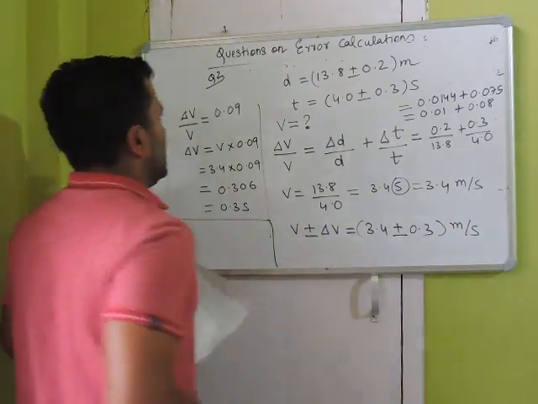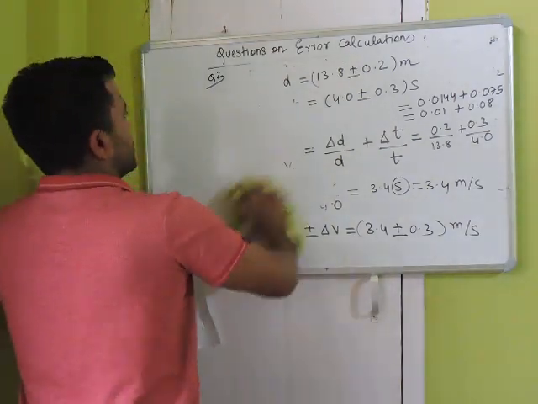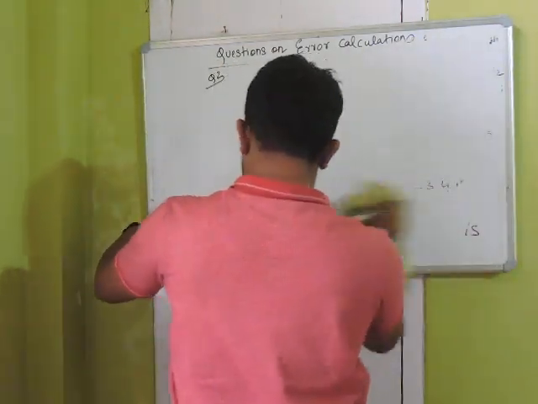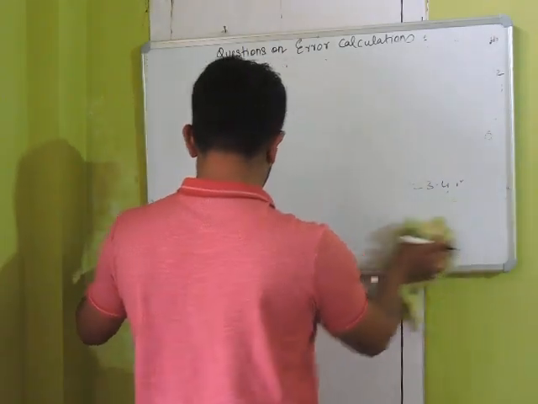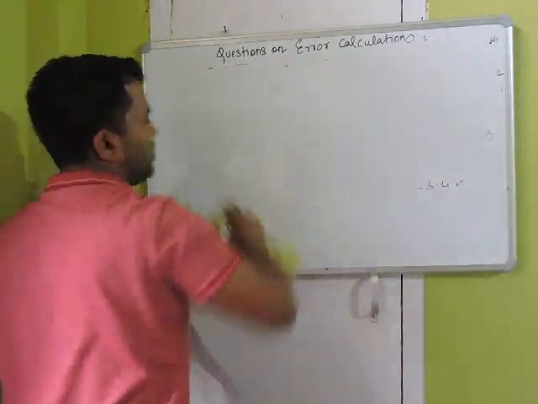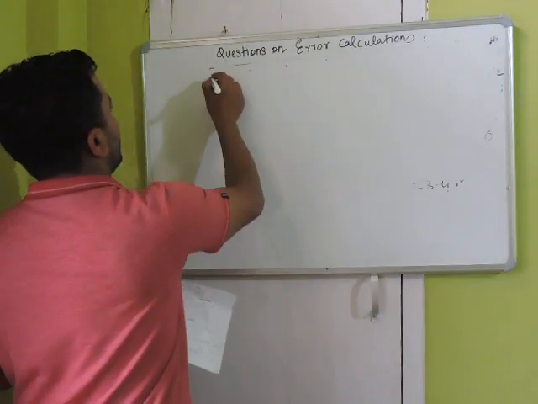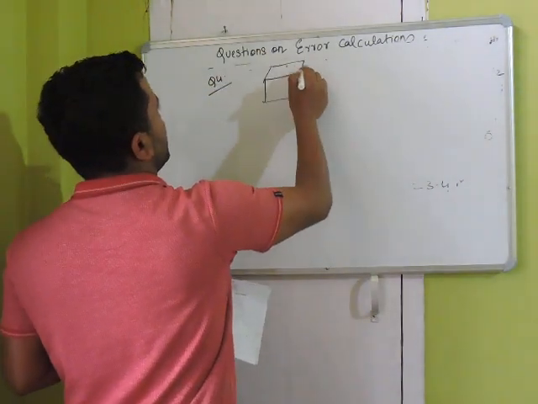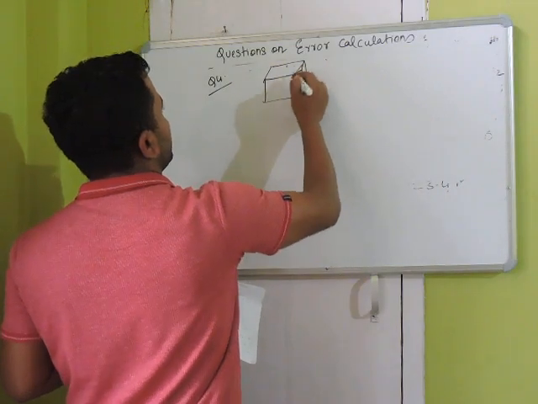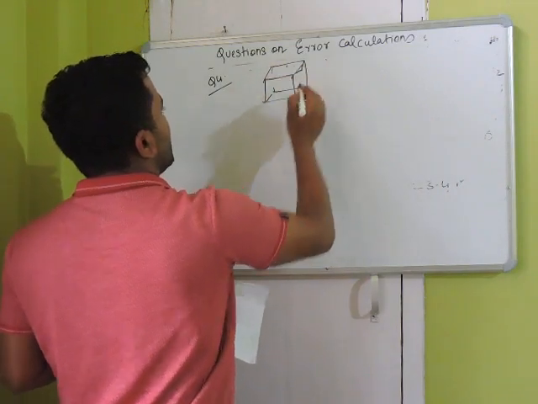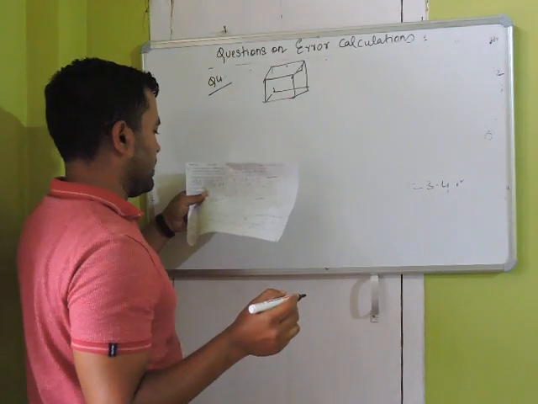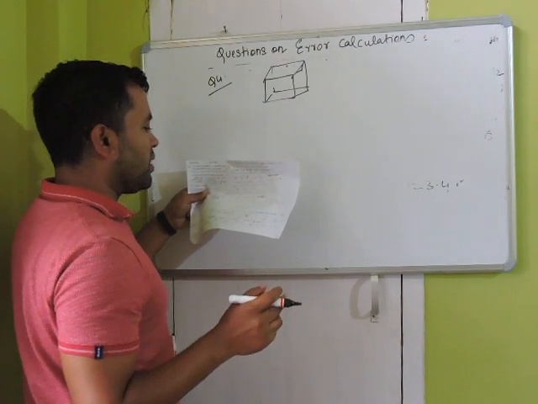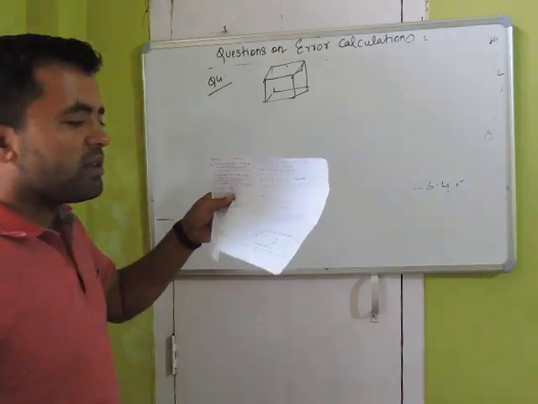Now, suppose the next question we are talking about is the cube problem. So question 4 is about a cube. In the cube there is an error of 2% in the measurement of the side of the cube.